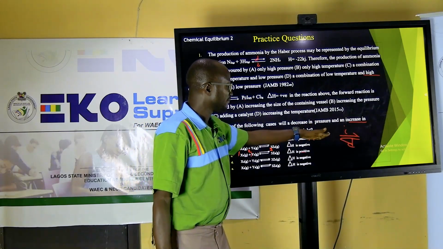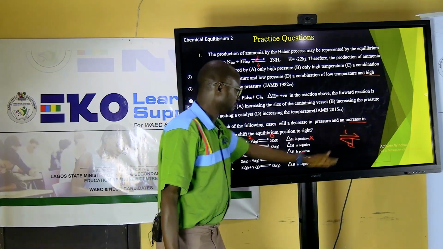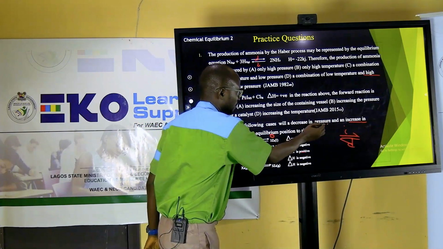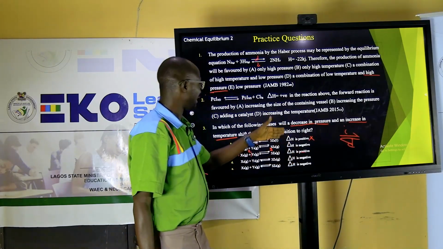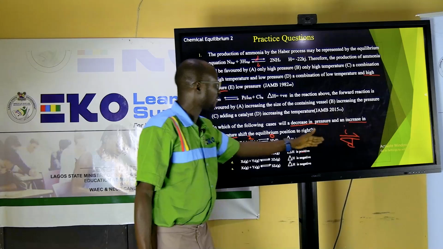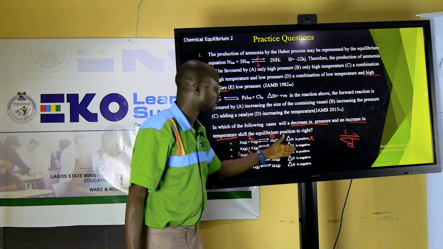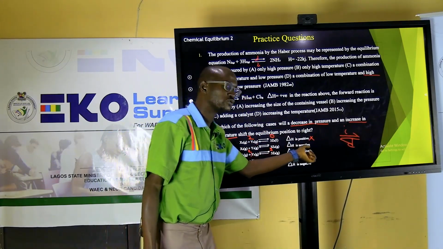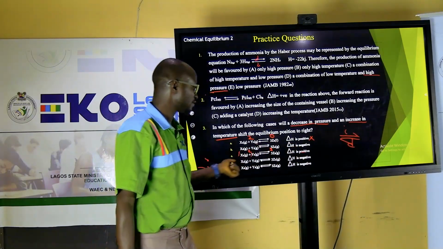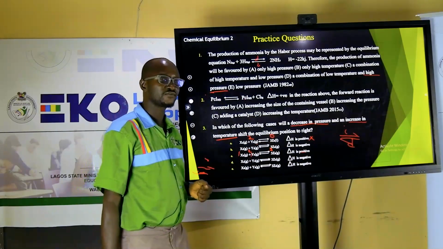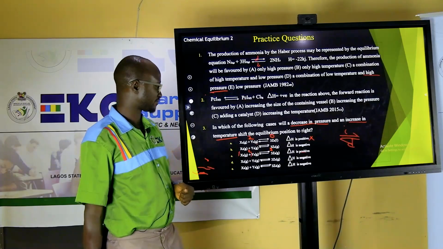Decreasing the pressure favors the forward reaction. That means we have confirmed the other aspects. So a decrease in pressure and an increase in temperature favoring the forward reaction is only possible with option C. I believe we all understand this better.